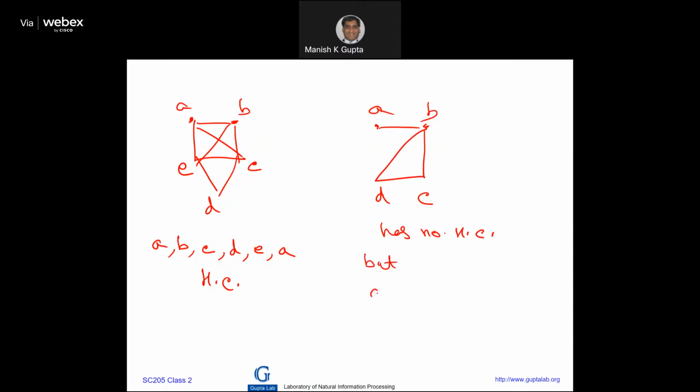But A, B, C, D is a Hamiltonian path, because it is covering every vertex and not completing the cycle.